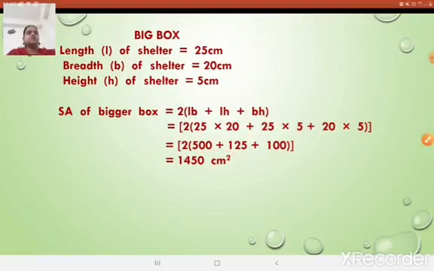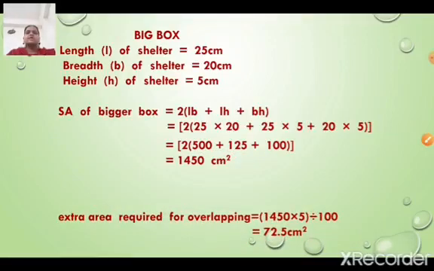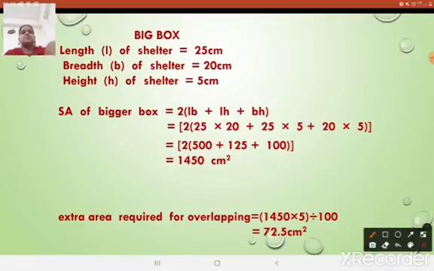Okay, so let us see. The extra area required for overlapping is what? 5% of surface area. Do you remember? Yes. So it will become as what? 5%. So 5 upon 100 into 1450.